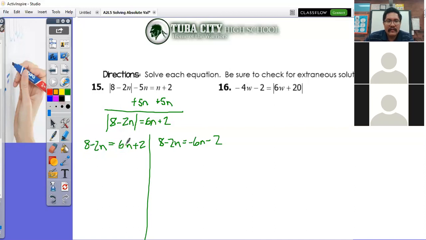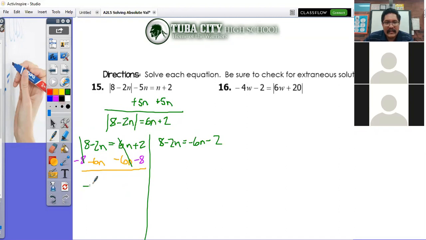Okay, so I want to get the n by itself. And I'm going to do the opposite of what I did from the last one. I am going to move the n over to the left, sorry, but that's going to make it negative. And that works too. It's not bad or anything. So this cancels and this cancels.